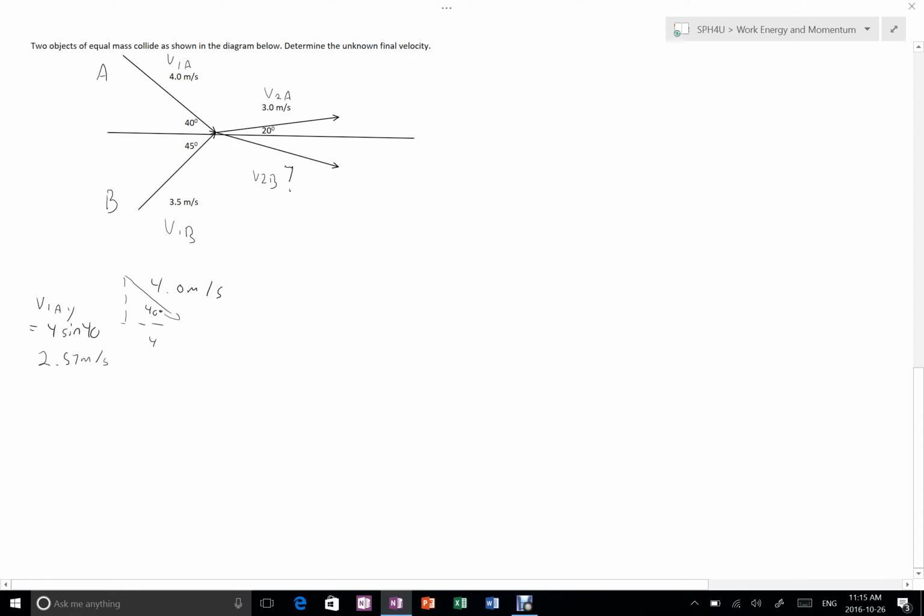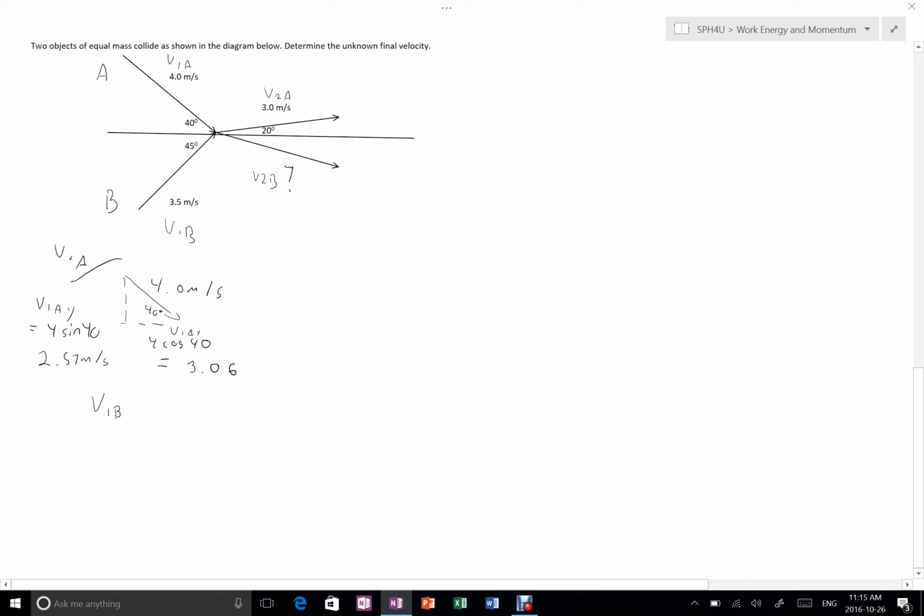This one then is 4 cos 40. That's V1AX. I'm just going to label the whole thing, and then I'll deal with what's what later. 4 cos 40, 3.06. So that's V1A.